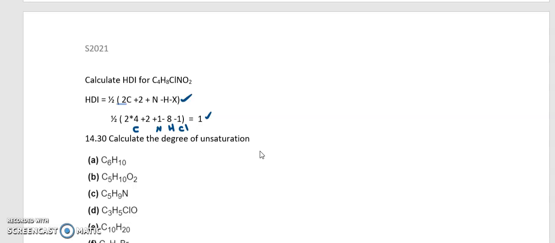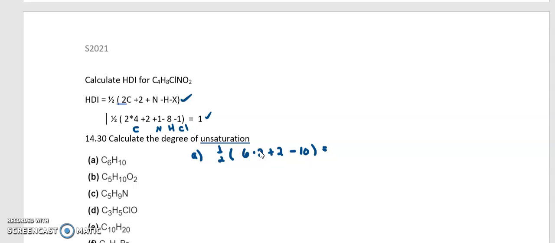So let's do some of these examples fairly quickly. We'll have A. We've got 1/2 times, and we're going to have 6 carbons. So we've got 6 times 2 plus an additional 2 for the n hydrogens, minus 10.